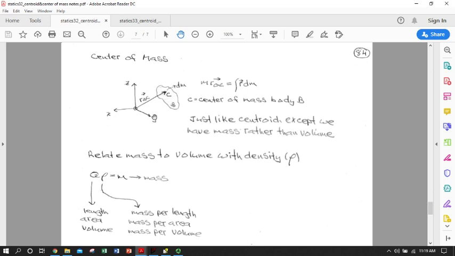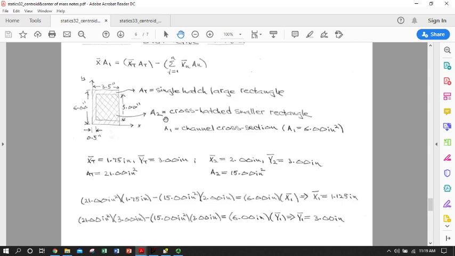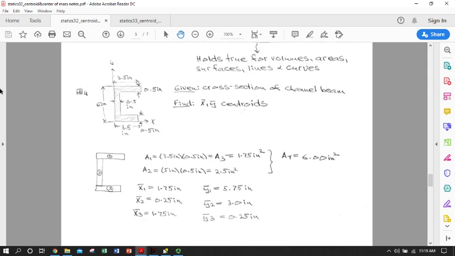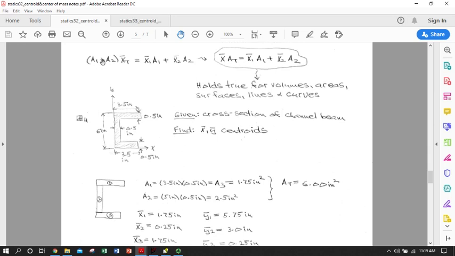But if you have a density that's discrete, for instance, going back to this, if you knew the density of this one part 1 and it had a sharp boundary, you literally had something made of 3 different parts, each of which had a different density, then you could simply multiply by that density within the method of composite parts, and extrapolate the definition of center of mass and use it directly.